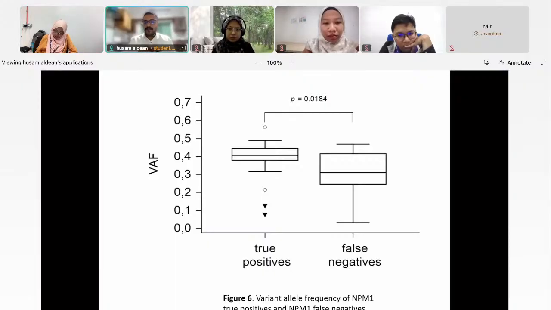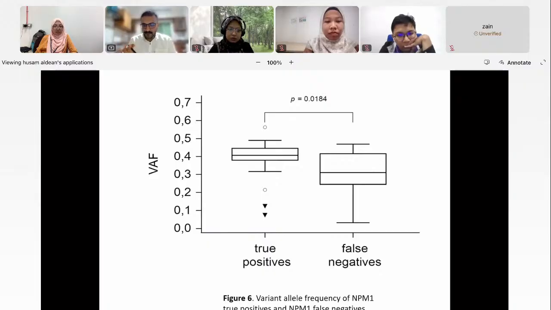What is the NPM1 wild type? It is the normal NPM1, and we have the NPM1 mutation and the wild type of NPM1. So the true positive is classified by the model as NPM1 mutation. False negative is NPM1 mutation, but misclassified by the model as wild type NPM1.